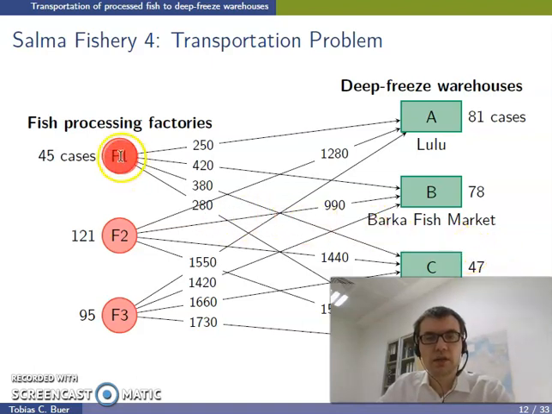Or shall we split the cases among all the 4 customers? What shall we do? Deciding how many cases shall be transported from which factory to which customer, so that the demand of all the customers is completely fulfilled, is the structure of the transportation problem.